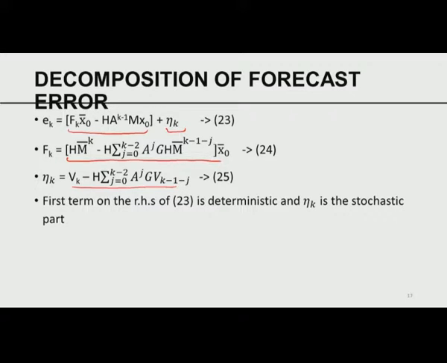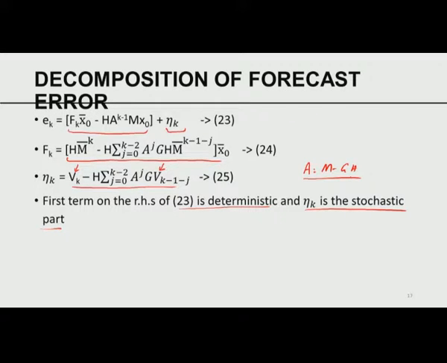So you can see 23 is deterministic, eta k is stochastic. What is the stochastic part? The stochastic part is again the noise from the past, the noise from the present. The past noise are weighted by the powers of A, and you may remember A is equal to m minus gh.